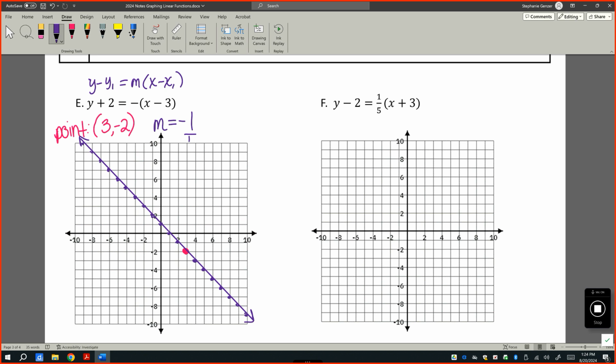So, example F. I'm going to write the formula right above it just to help. This also helps you remember the form. You don't have to look back. All right. Let's figure out what our given point is.